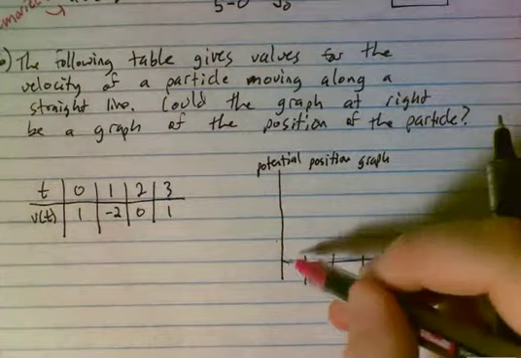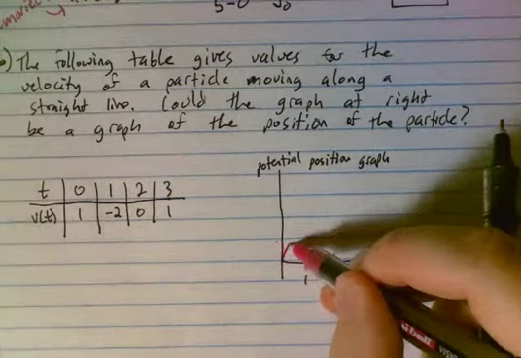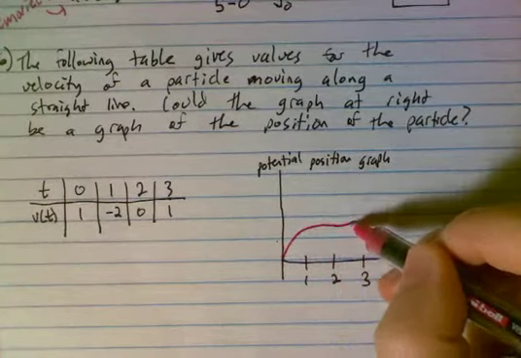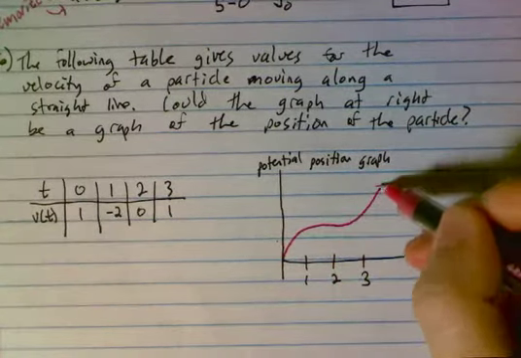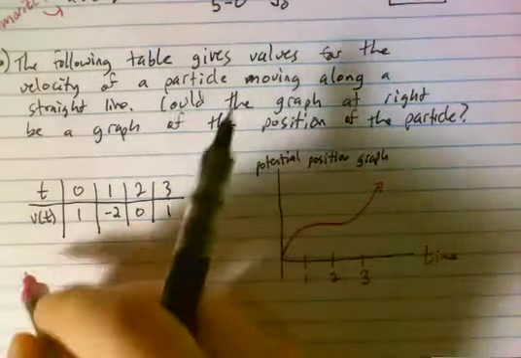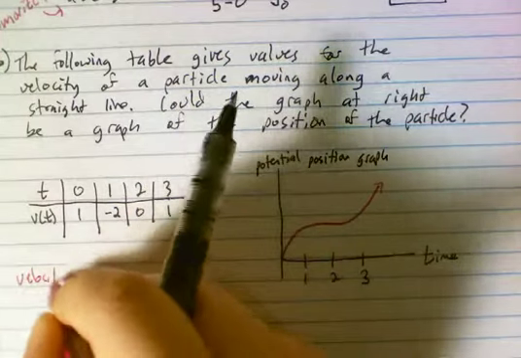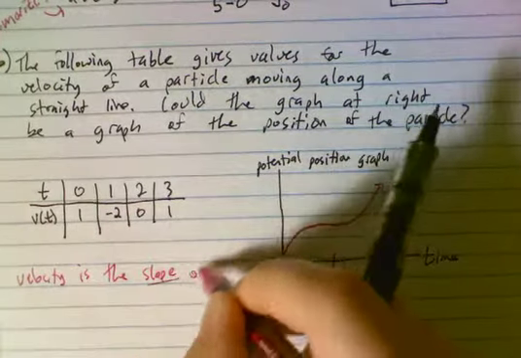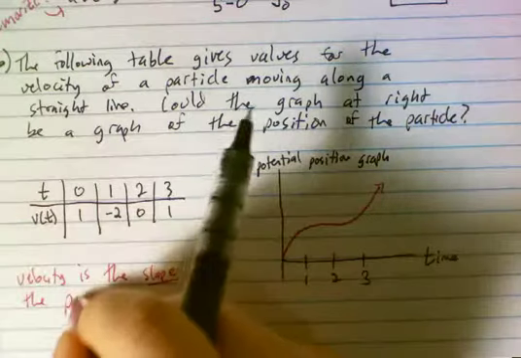It starts out like this, kind of curves up over there, flattens out, curves back up again. So, one of the key things to remember: velocity is the slope of the position graph.